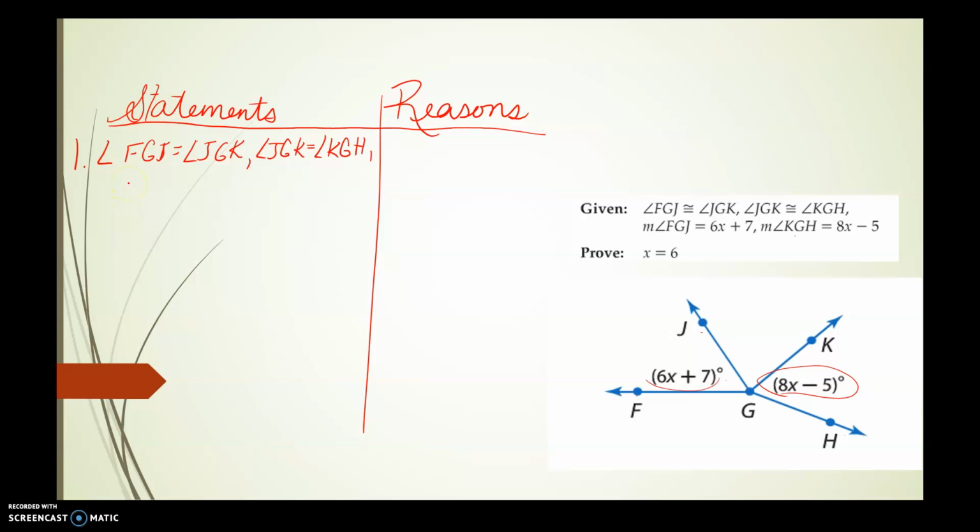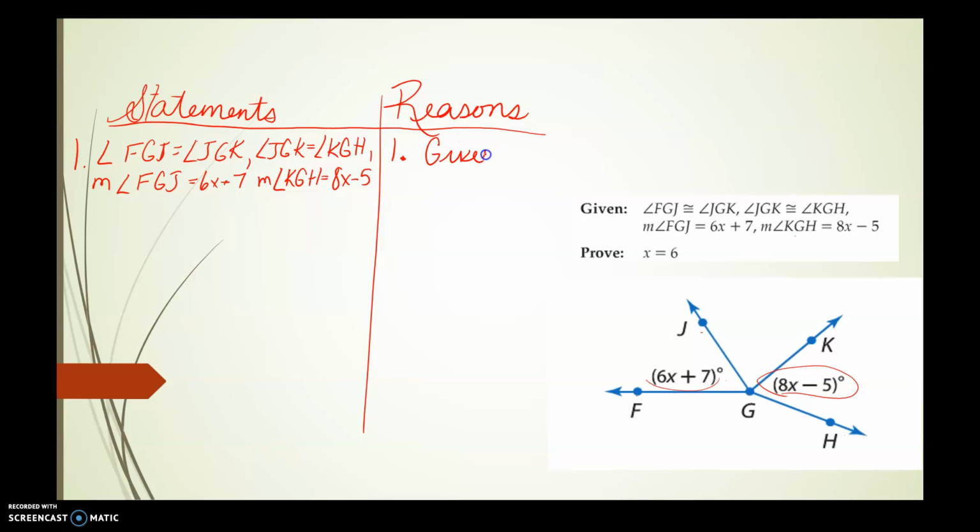And then I'm also given that the measure of angle FGJ is equal to 6x plus 7, and the measure of angle KGH is equal to 8x minus 5. The reason I can write that is because it's given.